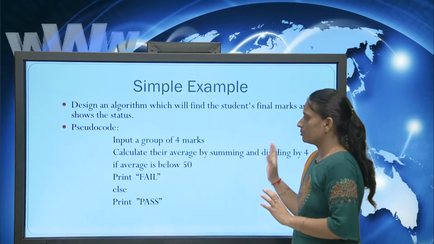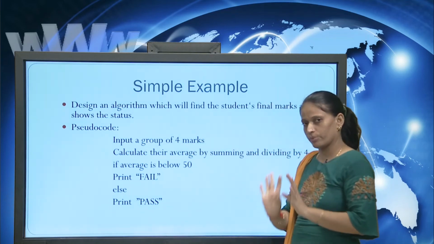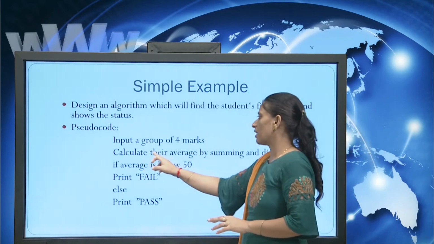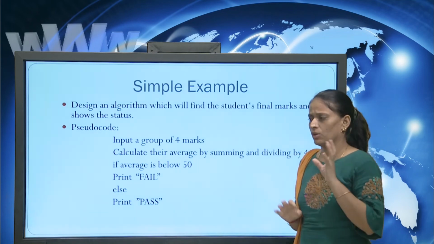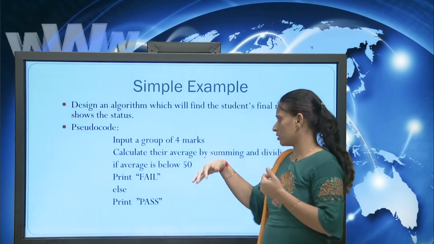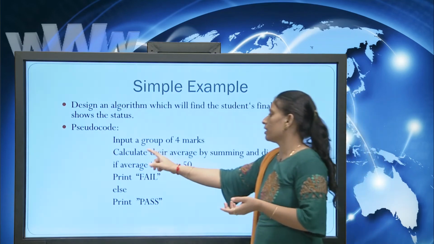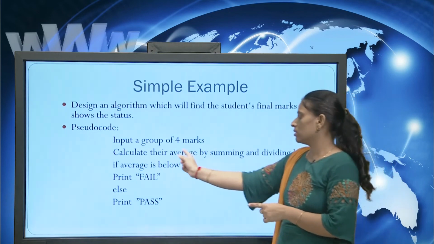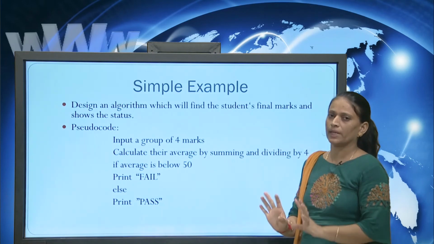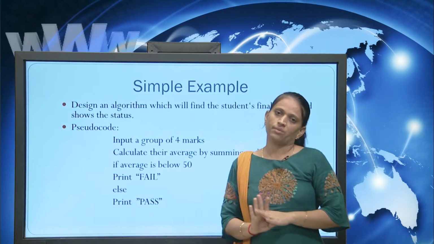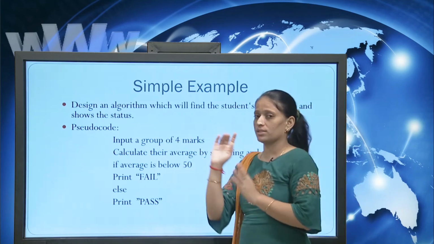Here, simply as a textual version, we define that we need to input a group of 4 subject marks, calculate their average by summing and dividing by 4, and if the average is below 50, print fail, else print pass. So it is a textual version that humans can understand.